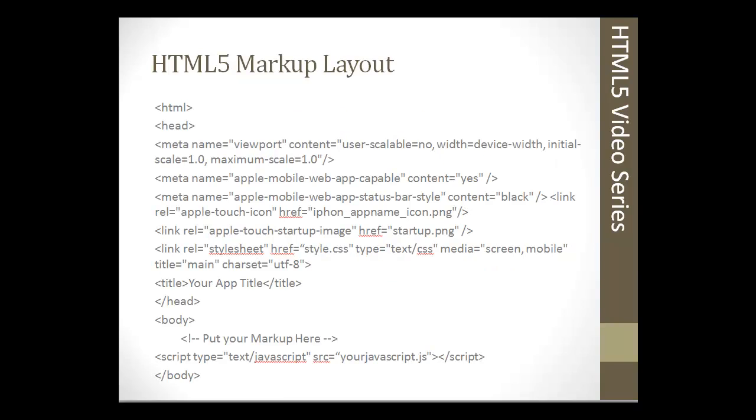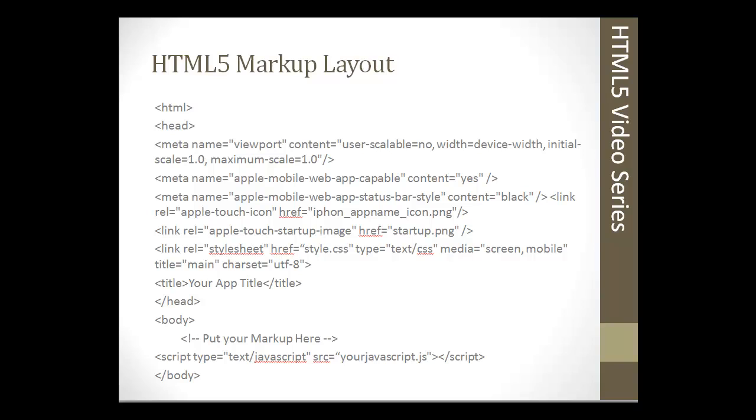Now, like I said earlier, I'm not going to go deep into the code because there are just so many different things to explain and to do, and it wouldn't go along with the scope of this series. But this would be an example of the basic HTML5 layout of a hybrid HTML5 Apple iPhone app.